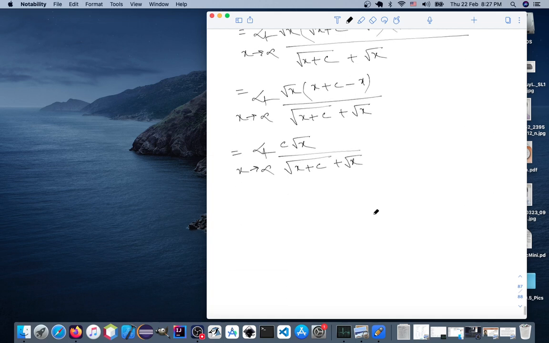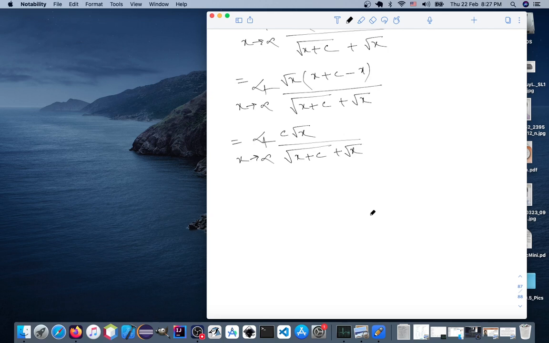Now we can take out root x common from both the terms in the denominator, and we get root x common. So we get 1 plus c by x plus 1.